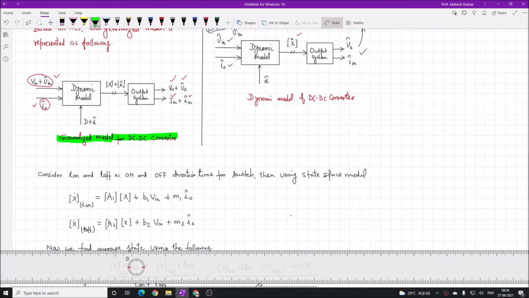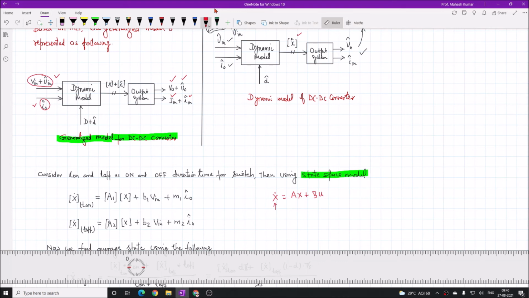So state space modeling is the one where we represent the dynamic variables or state variables by a simple equation, x dot equal to Ax plus Bu. This is called the state space model, where x is the state vector.